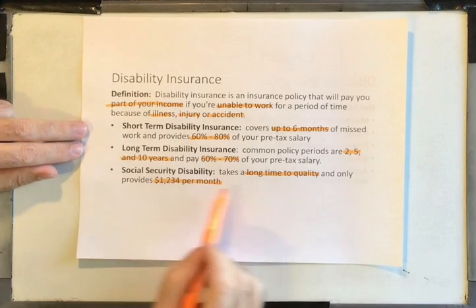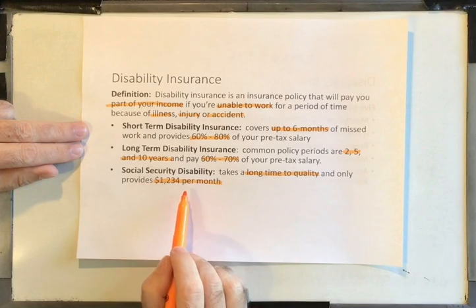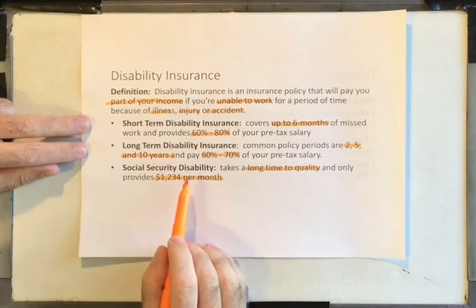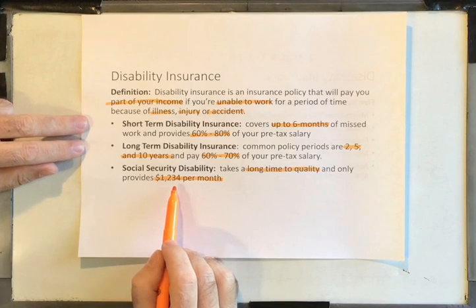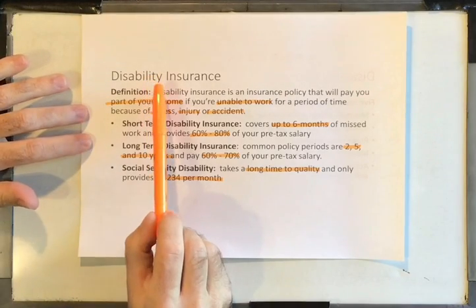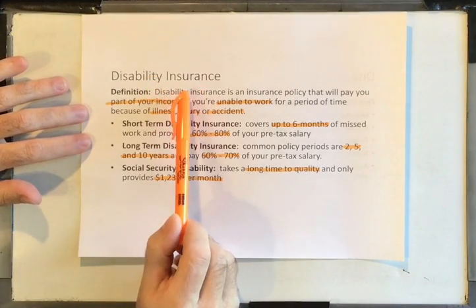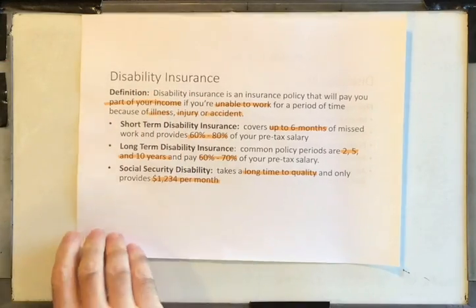I'm just highlighting those because it's Social Security. You're not going to be living high on the hog if you're on disability. It just doesn't pay very much. But disability insurance is probably something most people need to have during their working life, but most of them don't have it.